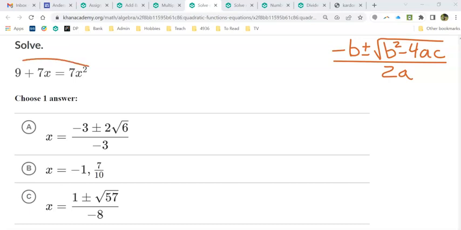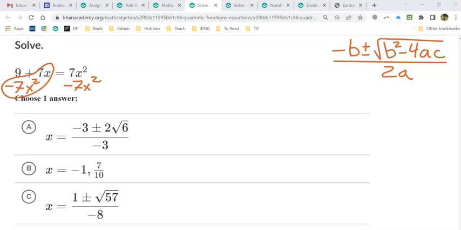First, we need to have this in standard form. It is not in standard form. It needs to equal 0. So to do that, we need to move our 7x squared to the other side. We're going to subtract 7x squared from both sides. And now be careful, you do not add it to that.